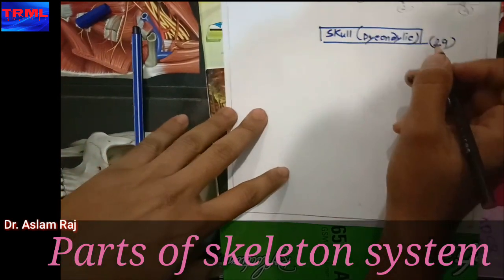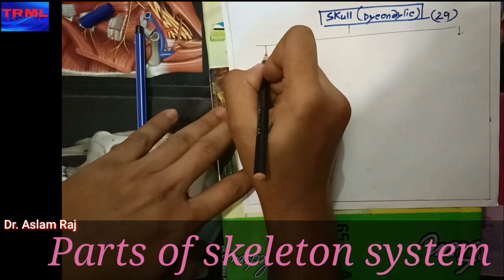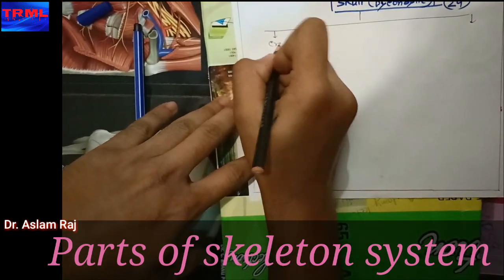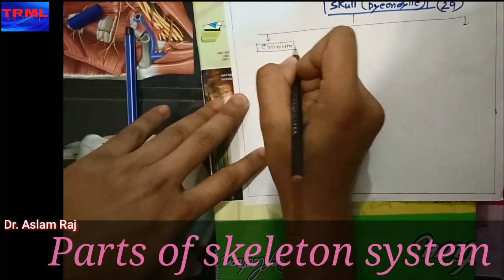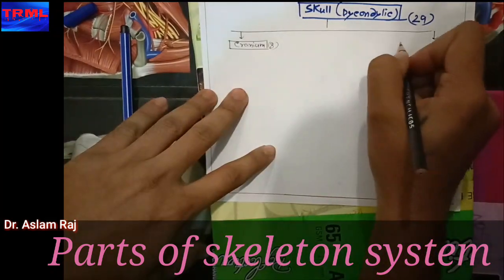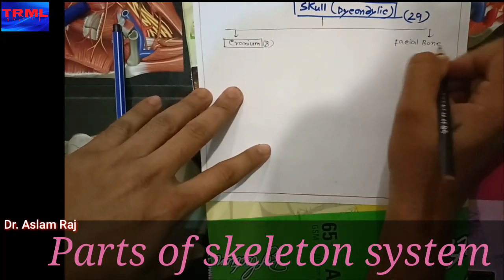Here see the names of cranium bones and facial bones. We know that cranium has 8 bones and facial bones has 14 bones.